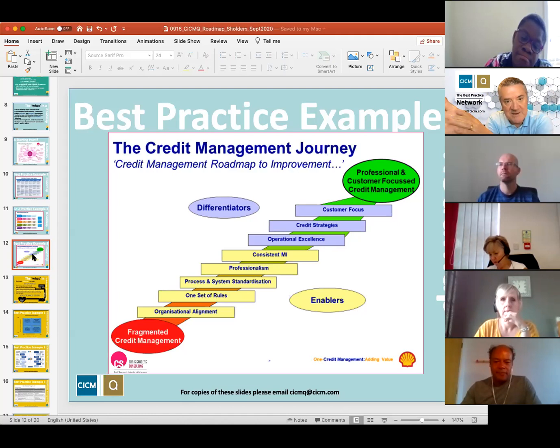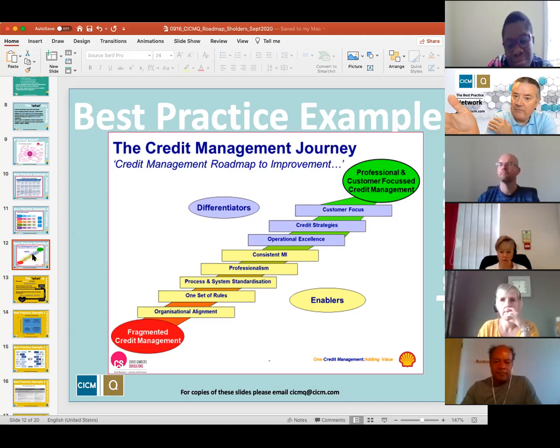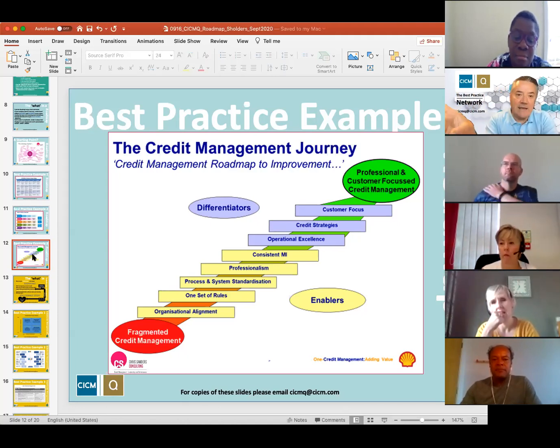This is interesting because it's pre-CICMQ, but the comments are very similar to the 6 criteria: single set of rules, compliance, professionalism, which is personal professional development, systems and process standardization, consistent management information, organizational alignment, operational industries, credit strategies, customer service. So this is the DNA of where the CICMQ program came from.